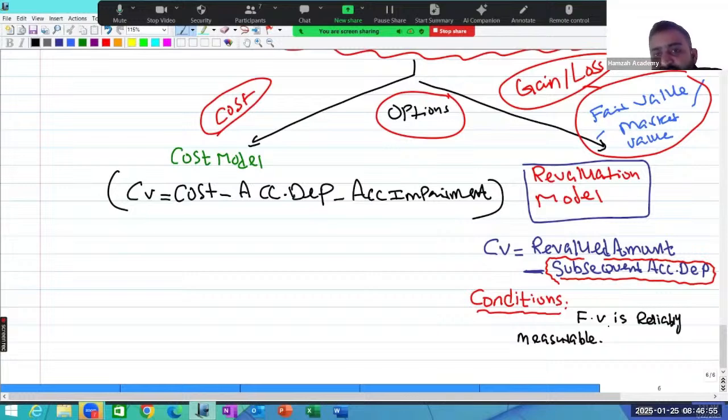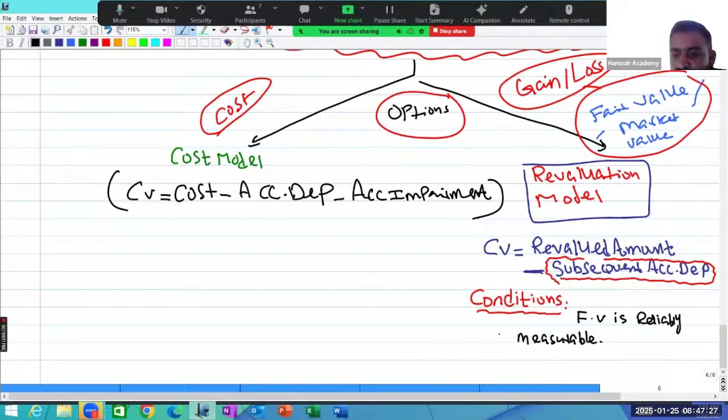That means we have a market where we can find the buyer and seller, and from that market we have a fair value that is not influenced by entity-specific factors. Fair value is reliably measurable only if it is determined by independent forces.